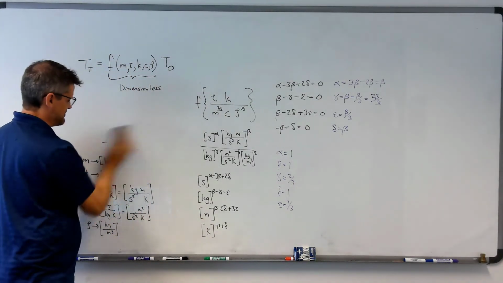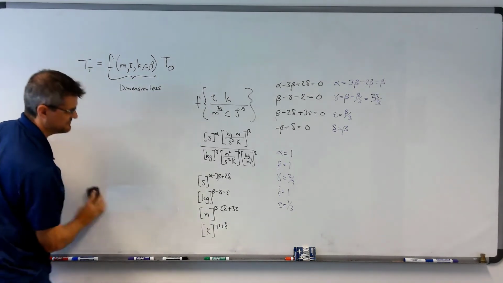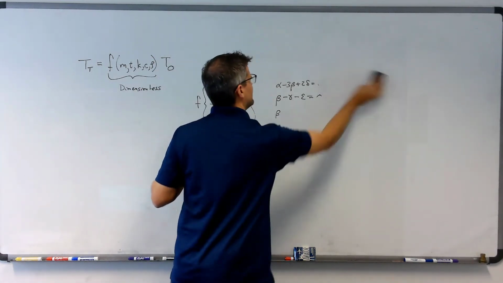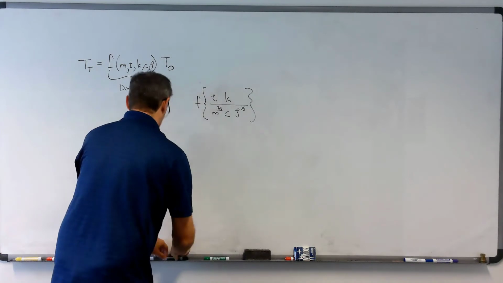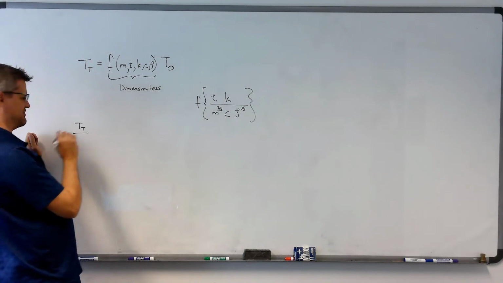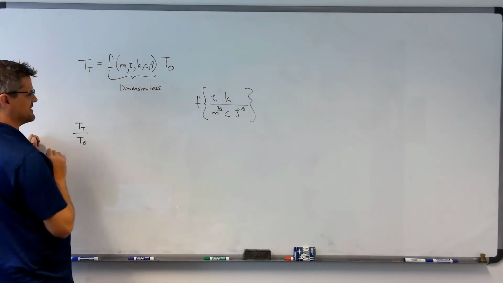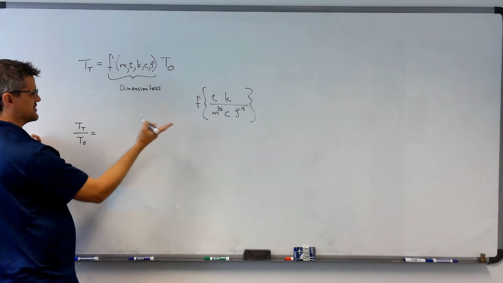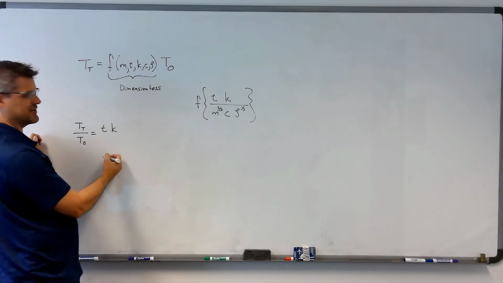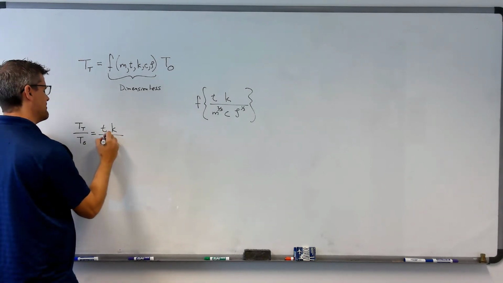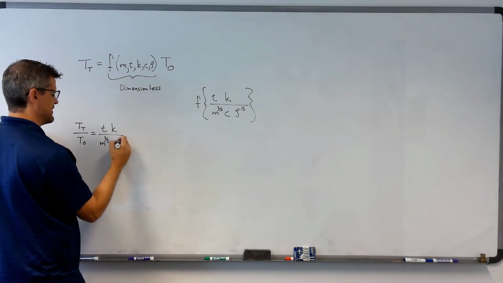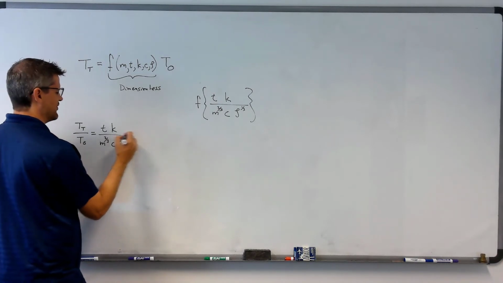Let's give ourselves a little bit more space over here again. And what we have found is that the internal safe cooking temperature associated with some given oven temperature is going to be some function that looks like time times thermal conductivity divided by mass to the 2/3 power, the specific heat to the first power, and density to the 1/3 power.